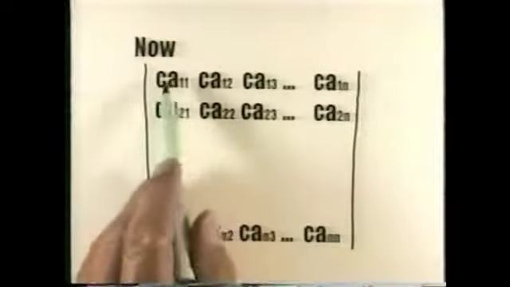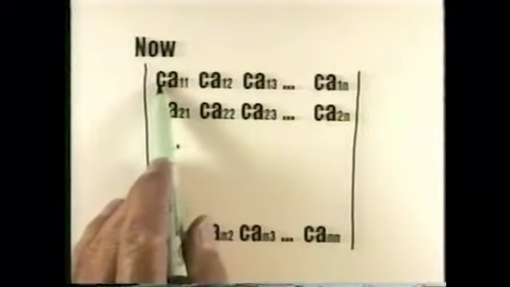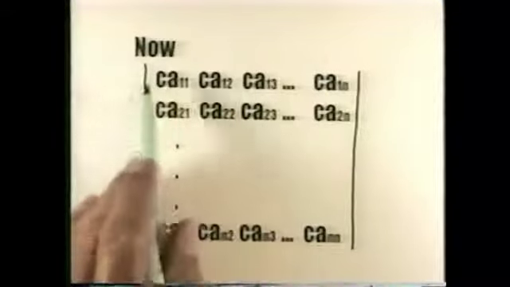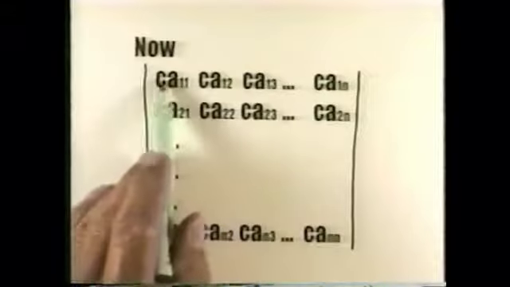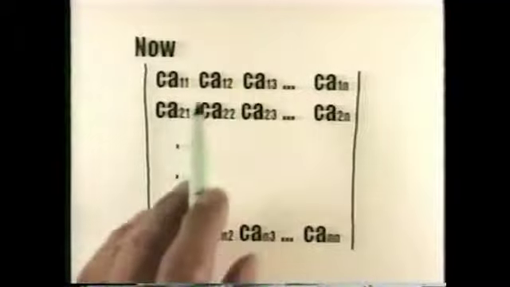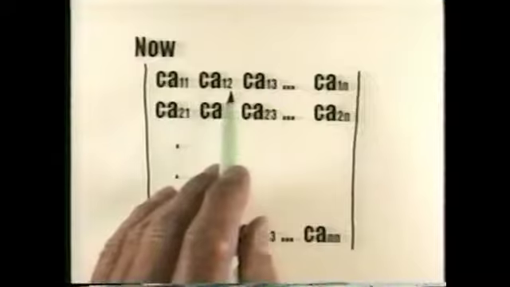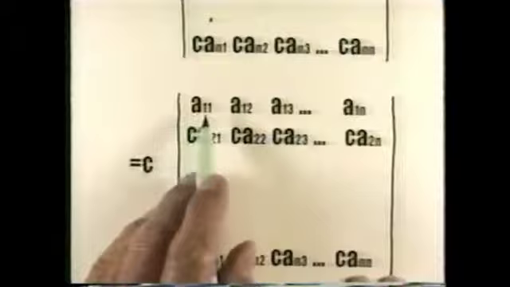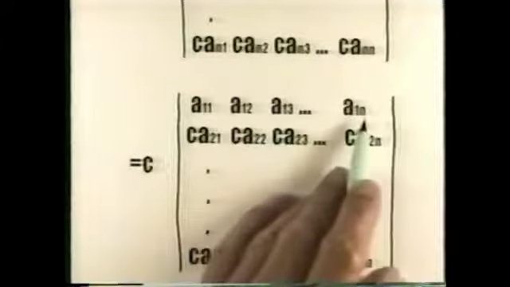So I'm going to factor out 1 over C. I'm going to multiply row 1 by 1 over C. If I multiply by 1 over C, then this would equal the determinant of that result divided by 1 over C, which would be multiplied by C. So this is going to be C times the matrix A11, A12, A13, A1n, and so forth.